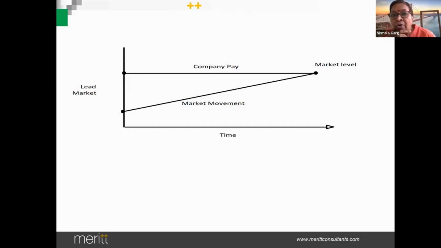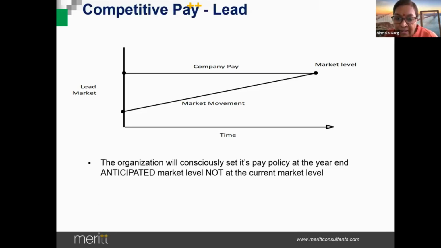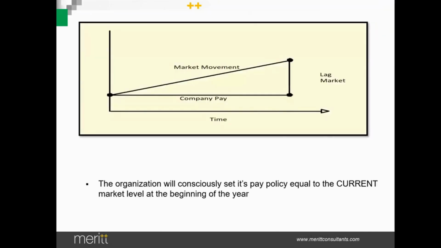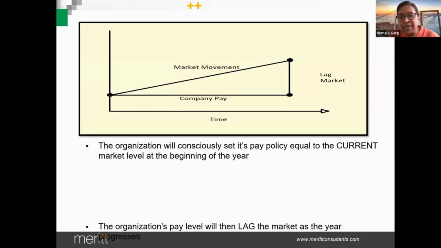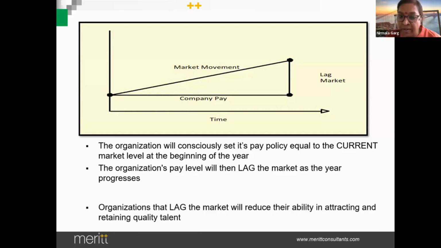And then it says, okay, I want to pay more than the market. What is lag? Pay below the market. Pay below what the market is paying. And the third position is on par. That means paying what the market is paying.